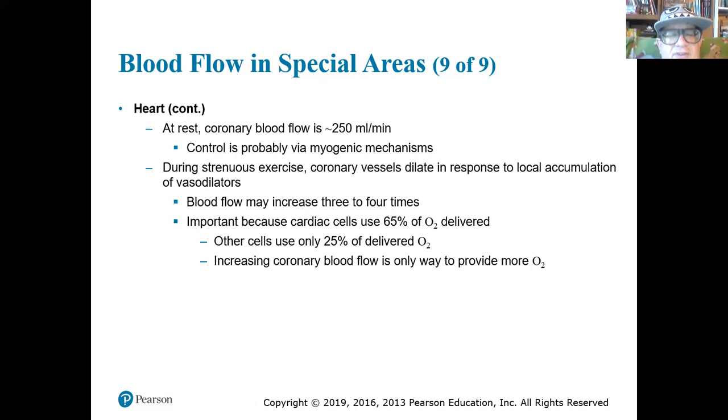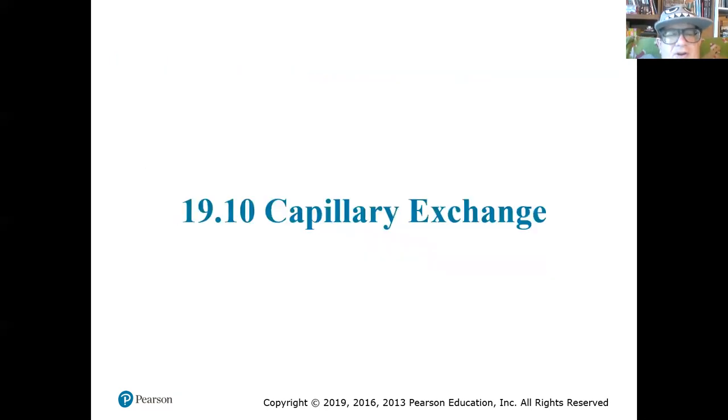They use about 65% of what is delivered. Other cells in the body are only capable of using about a quarter of what's delivered. But the heart is really good at using oxygen because it has high oxygen demands. And increasing coronary flow is the only way that we can give more blood to the heart.